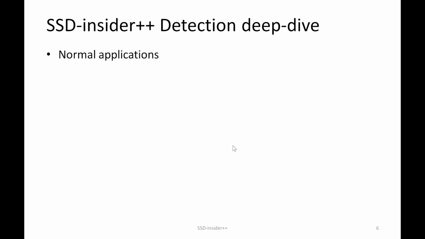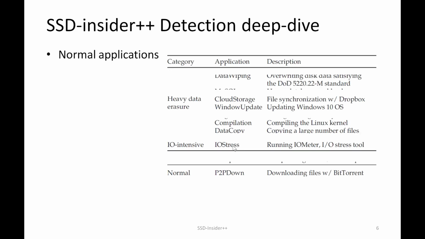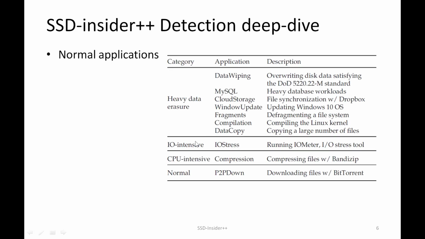For that analysis, they have used a set of normal applications and a set of ransomwares. For normal applications, they have considered 4 categories. The first one is heavy data erasure based applications, like data wiping, MySQL, Windows Update, compilation, data copy, etc. Right? And the second category is IO intensive applications. Right? It typically runs a tool like IO stress or IO meter.